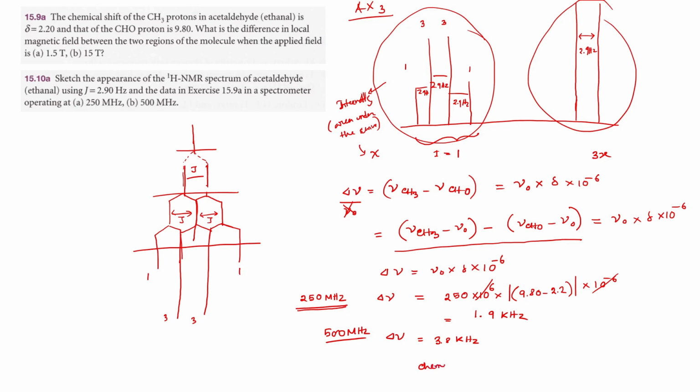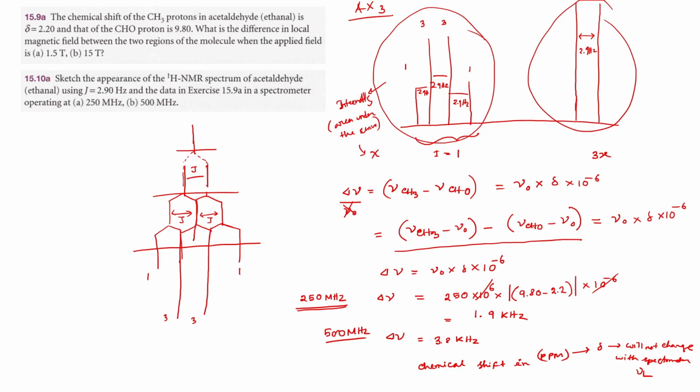But the chemical shift in the ppm scale, or universal delta scale, will not change with the spectrometer, because eventually you are dividing it.